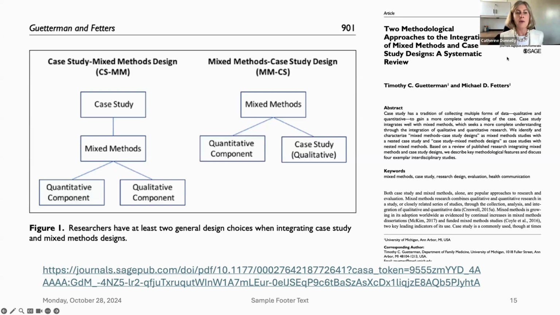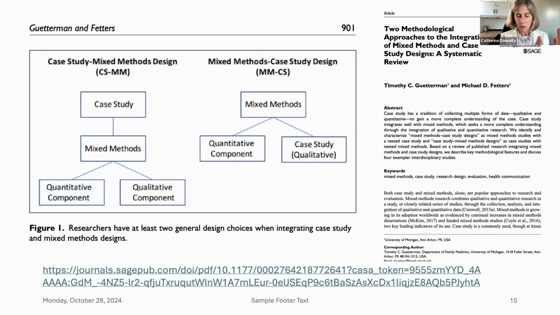And Adana will be talking about this in November, because this is the biggest challenge of case studies. This is why I think it's important to have a good understanding of the designs, because of the data that you get at the end. A typical case is the one on the left, where you have a case study with multiple quantitative or qualitative components.